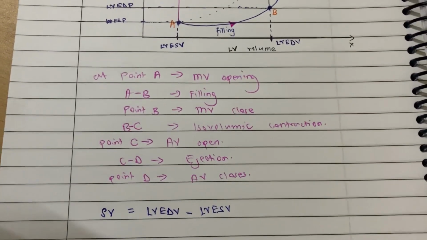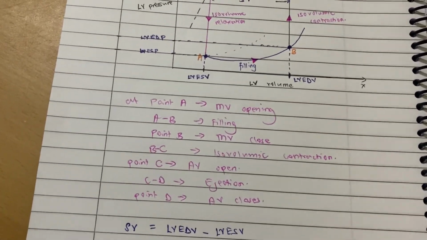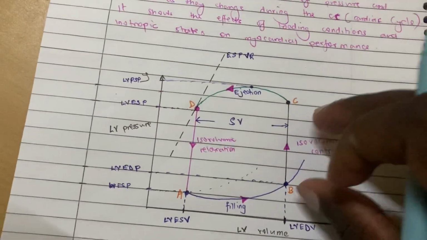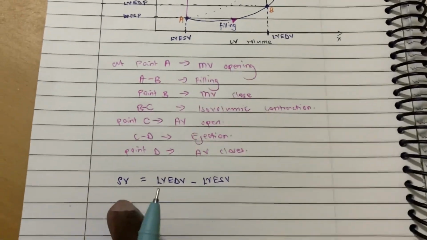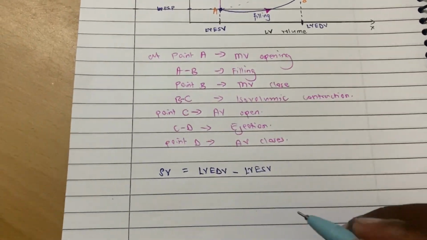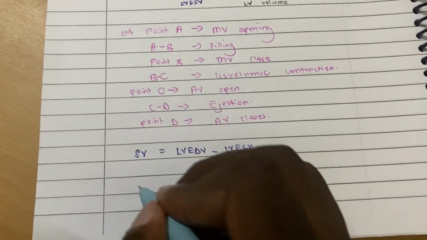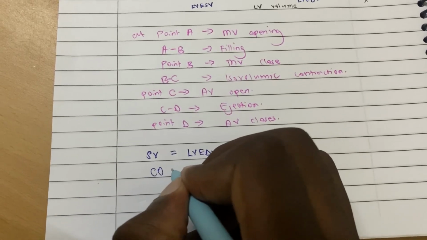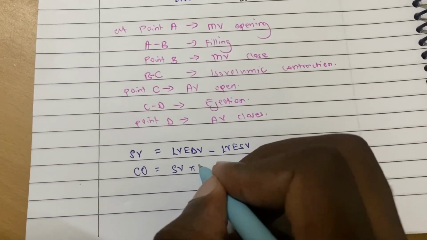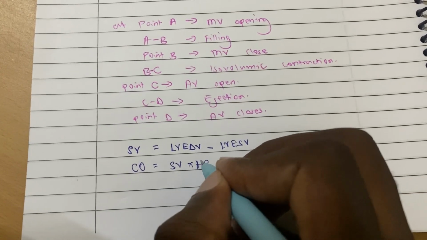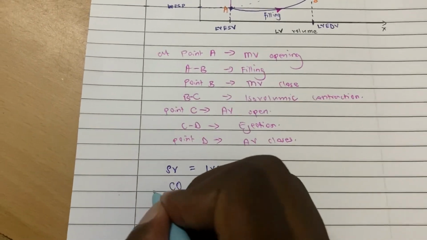This is the formula for finding stroke volume. So one of the clinical applications of these pressure volume loops is to find stroke volume, and if you know the heart rate, you can find cardiac output, which is stroke volume times heart rate. This is one of the clinical applications to find cardiac output.